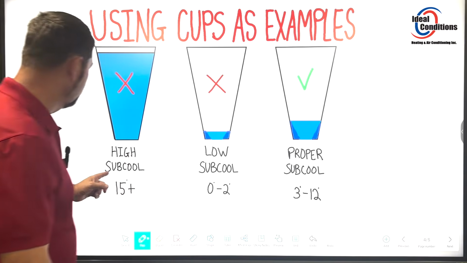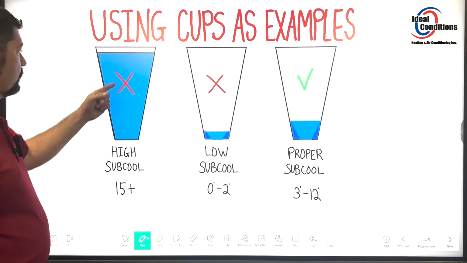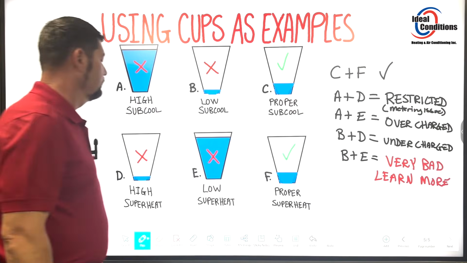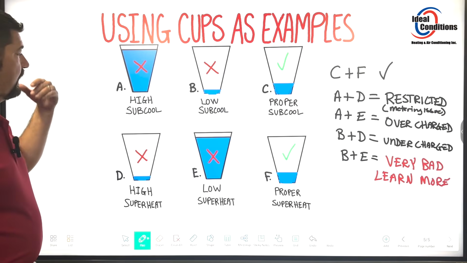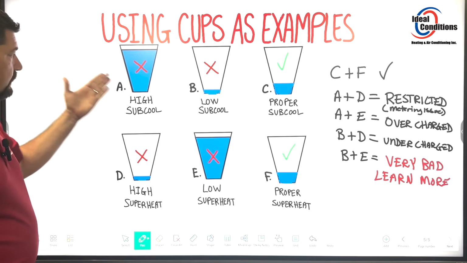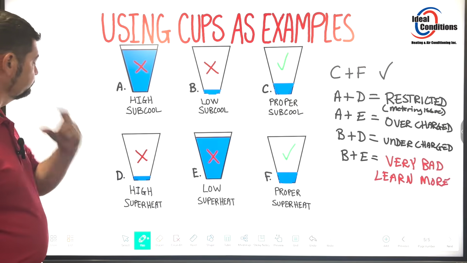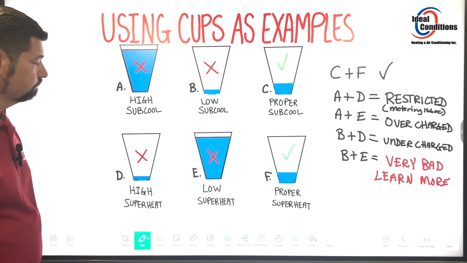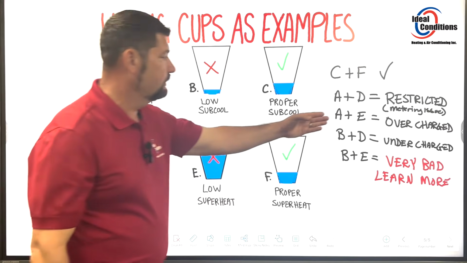A high subcool, 15 or more. That's not good. Let's look at that combination. We had a high subcool and we had a low superheat. A plus E.